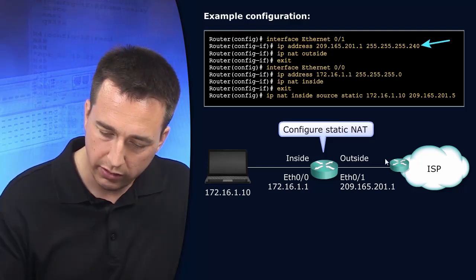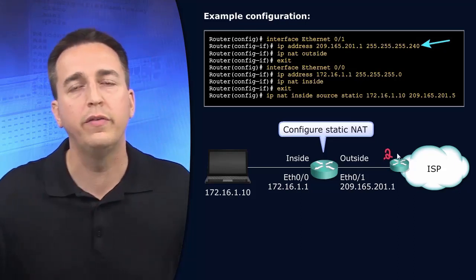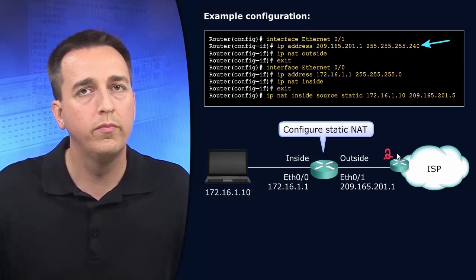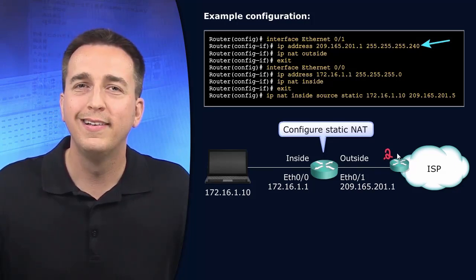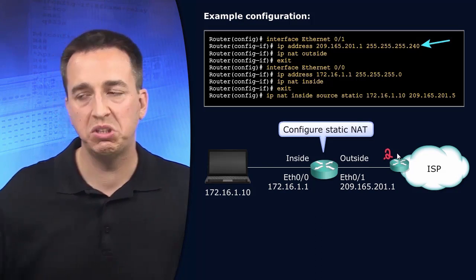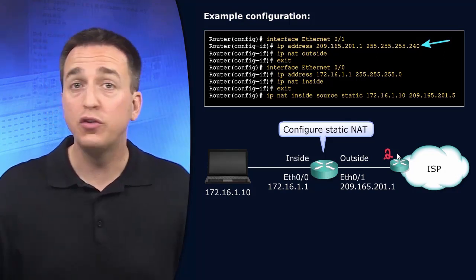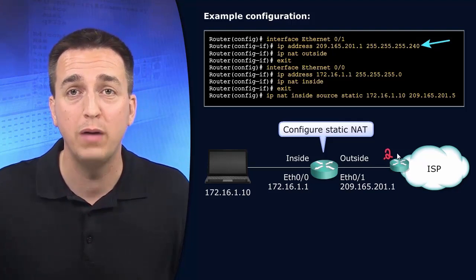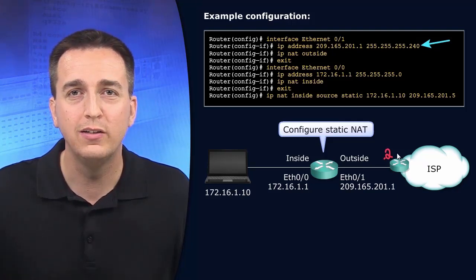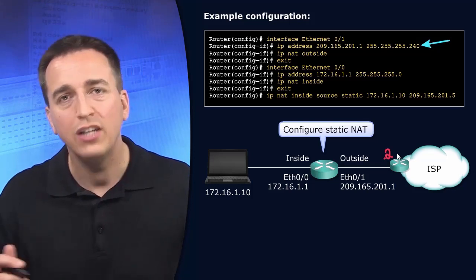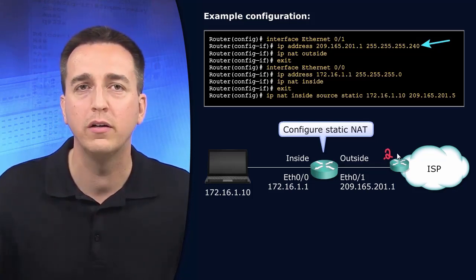Let's say it's .2 on their interface in the same subnet. However, in this case, we need some extra public IP addresses, so that we can statically assign public addresses to the devices inside of our organization and have that translation process occur on the router.